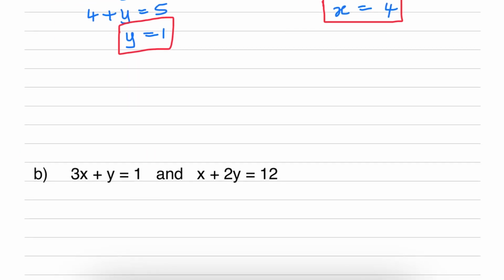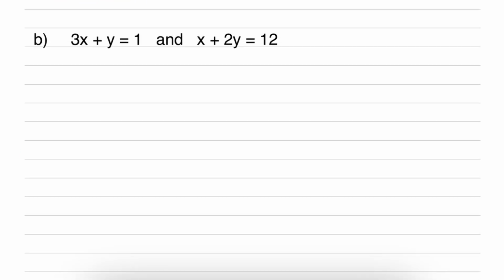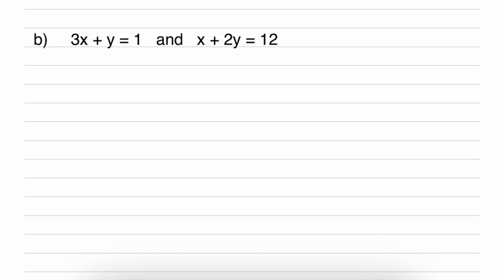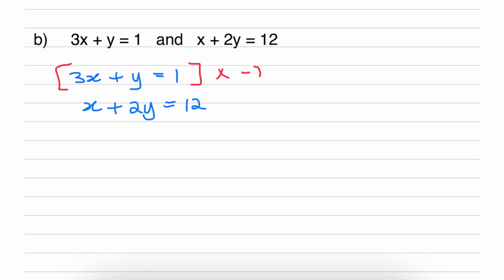Okay, we're going to have a look at a second example. Question B. 3x plus y equal to 1 and x plus 2y equal to 12. We'll start out by writing these on top of one another. Now for these equations, I'll multiply this top equation by negative 2. So you multiply each term of that equation by negative 2.